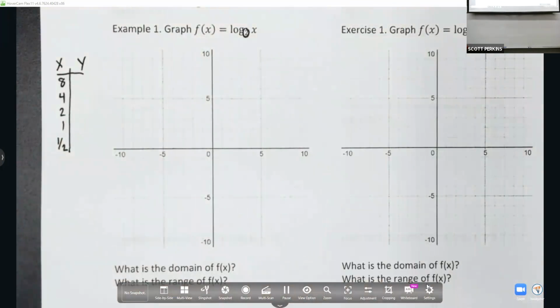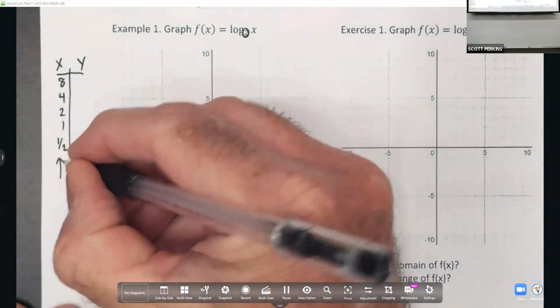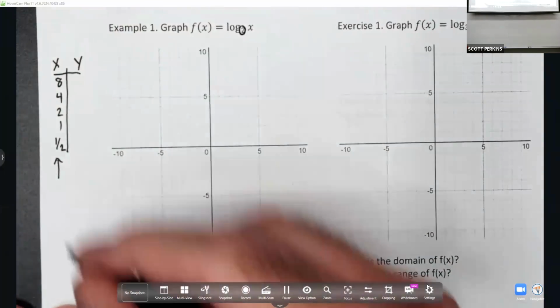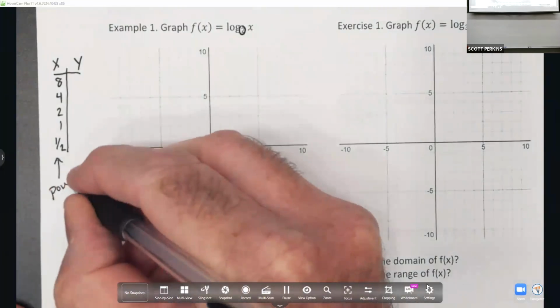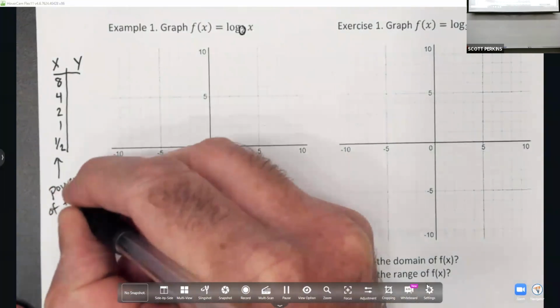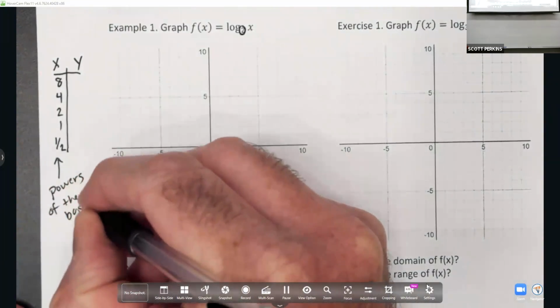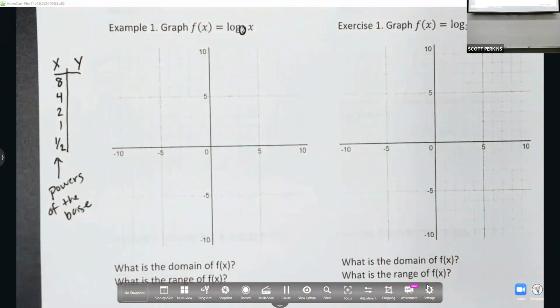Anything that is a power of 2. That's the secret to graphing a logarithm: you pick your x values that are powers of the base, because then you avoid a whole lot of hardship and a whole lot of calculator work.